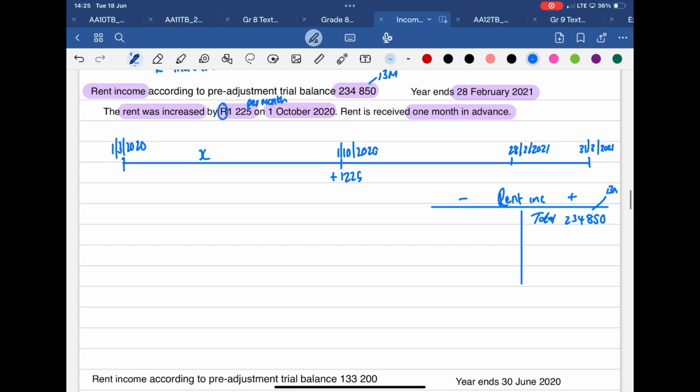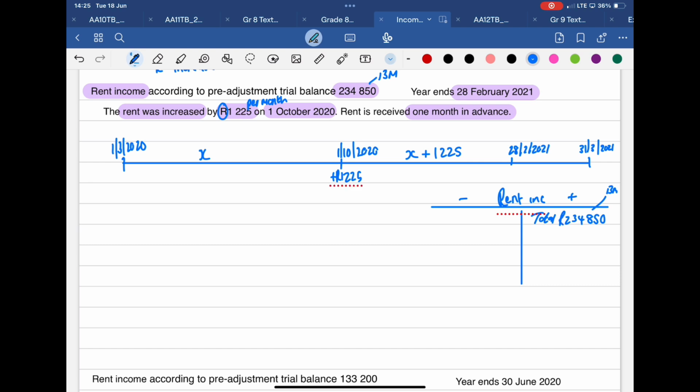For March, April, May, June, July, August, September, and I don't include October, we received X, and for the months from October onwards, we received X plus 1,225 every month. So the original amount plus an extra 1,225.